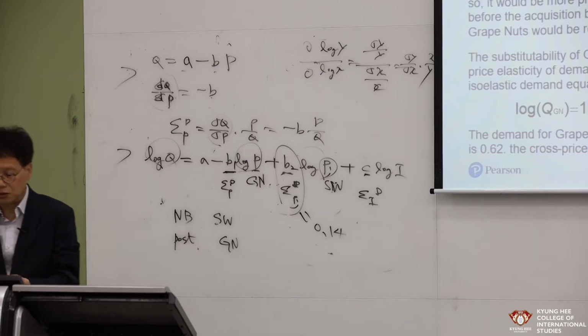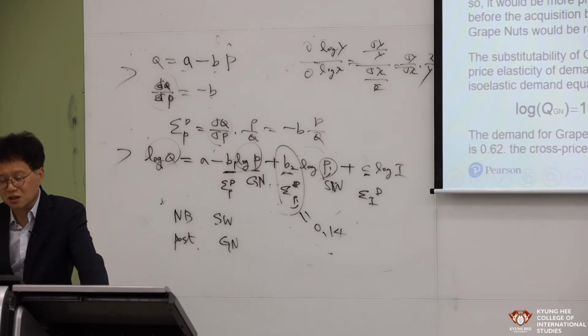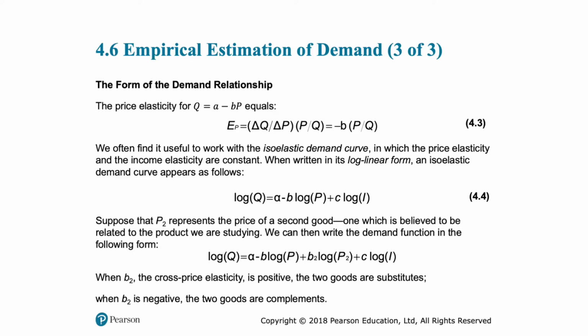So we know it is positive, so they are substitutes, but this is not such a strong substituting relation. So the demand for Grape-Nuts is elastic, with a price elasticity above minus one and an income elasticity of 0.62. The cross price elasticity is only 0.14. The two brands are not very close substitutes. Because of this, there is not so strong an incentive to increase the price of Grape-Nuts before acquisition.